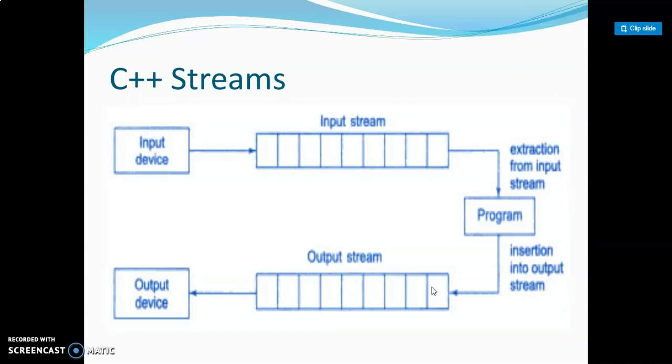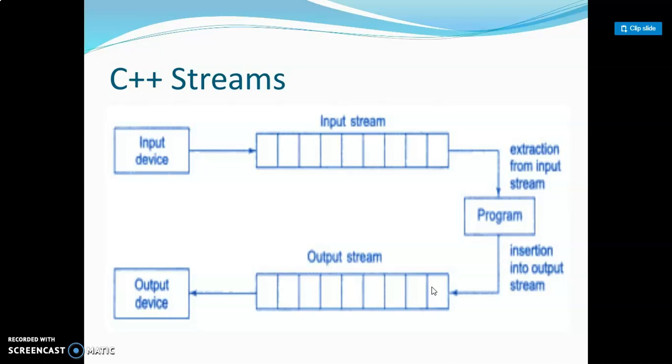In this picture you can see the data in the input stream can come from the keyboard or any other input devices. Similarly, the data in the output stream can go to the screen or any other output devices.